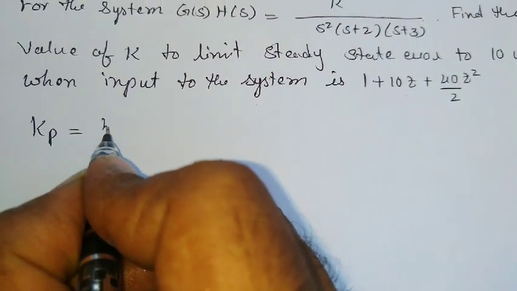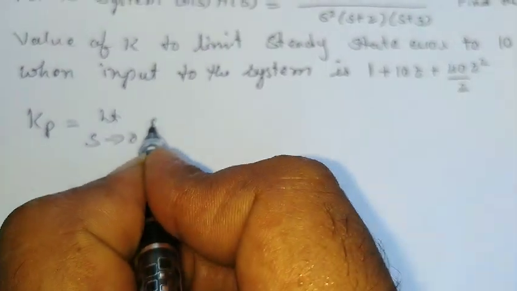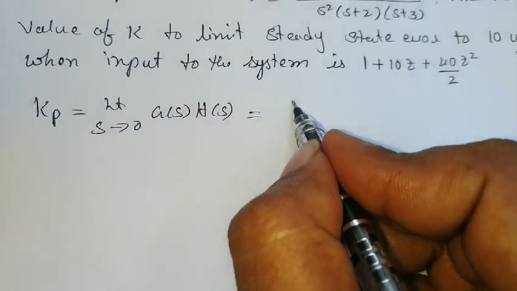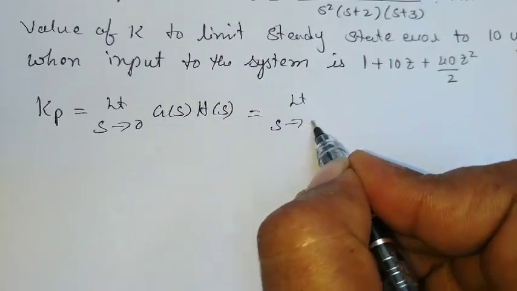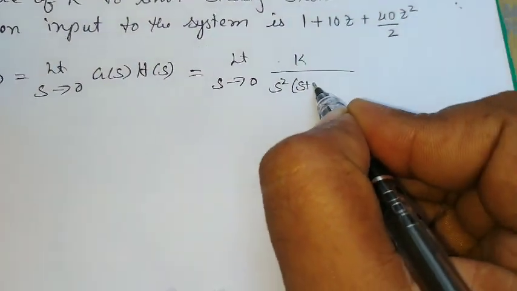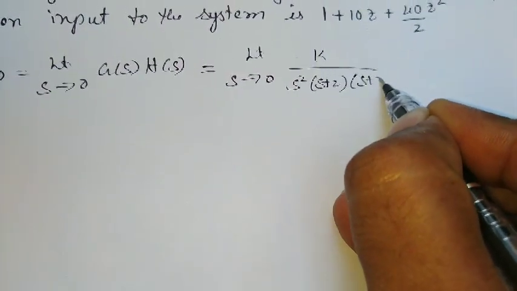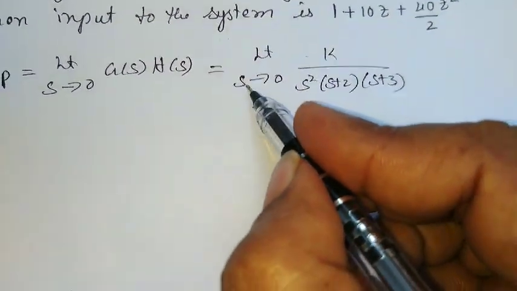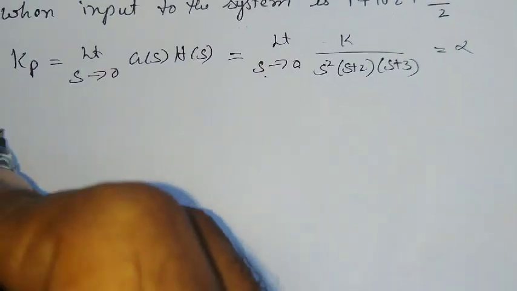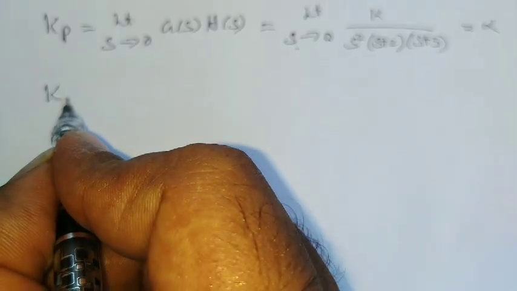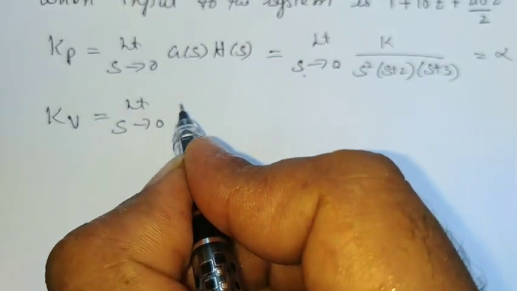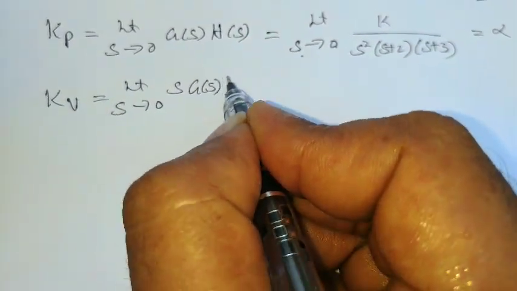Kp is limit s tends to 0 of G of s H of s, which is K by s square into s plus 2 into s plus 3. Since this is a type 2 system, if I substitute s equal to 0, I'll get infinity. Next, Kv is limit s tends to 0 of s into G of s H of s.